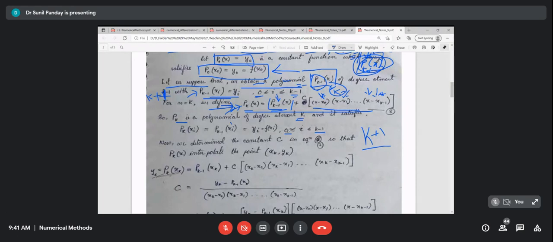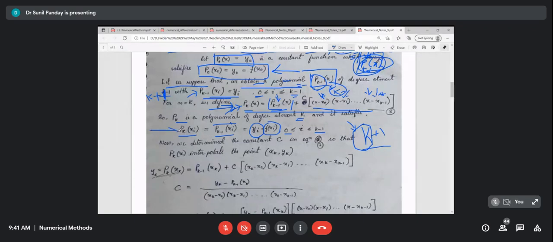So for i going from 0 to k minus 1, p_k(x_i) is equal to p_{k-1}(x_i). And p_{k-1} is already an interpolating polynomial fitting the k data points, which means p_k(x_i) equals y_i, or f(x_i).